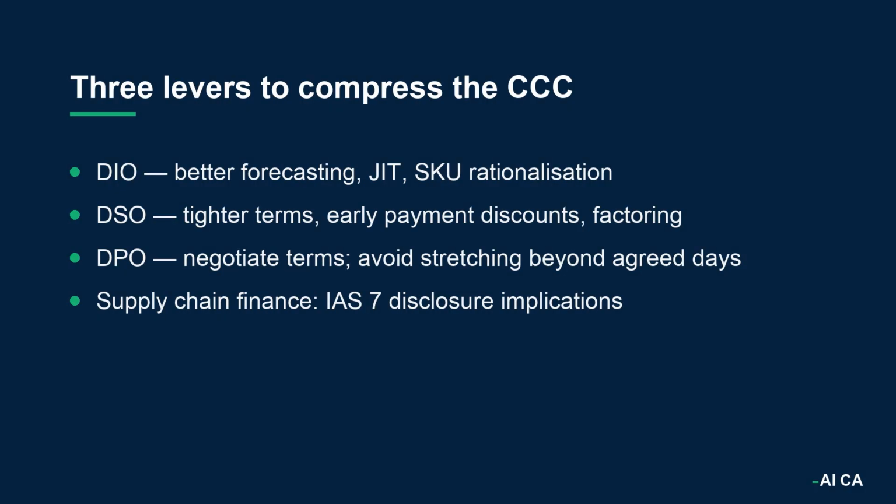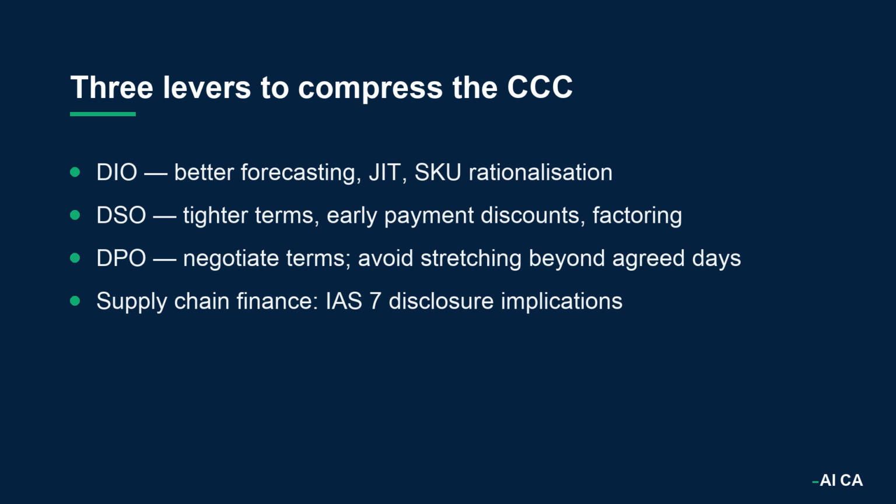Management has 3 levers. To reduce DIO, improve demand forecasting, adopt just-in-time procurement, or rationalize the SKU count. To reduce DSO, tighten credit terms, offer early payment discounts, or deploy invoice financing. To extend DPO, negotiate longer supplier terms, or use supply chain finance programs.